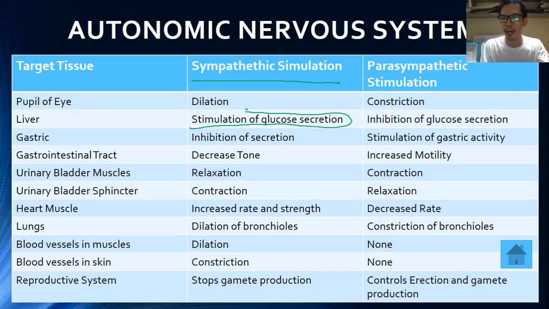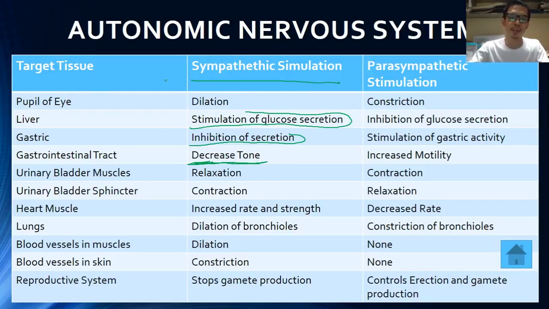So if a fire breaks out, no matter how heavy your appliances are, you will be able to carry them to a safe area so that they will not catch fire. Next one, in the digestive system, gastric juices are inhibited for a temporary period of time so that no digestion process will happen during that emergency.